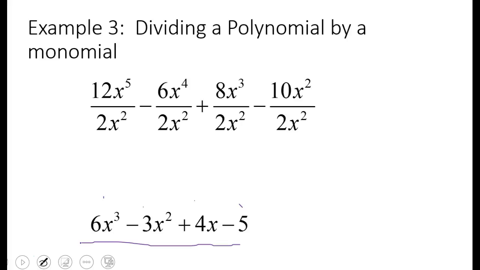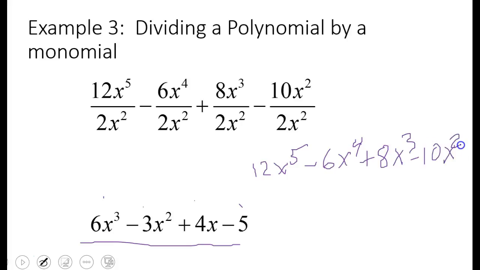What this means is I can rewrite my original 12x to the 5th minus 6x to the 4th plus 8x cubed minus 10x squared. I can rewrite that as this answer times 2x squared, and we don't even need the dot for the times.